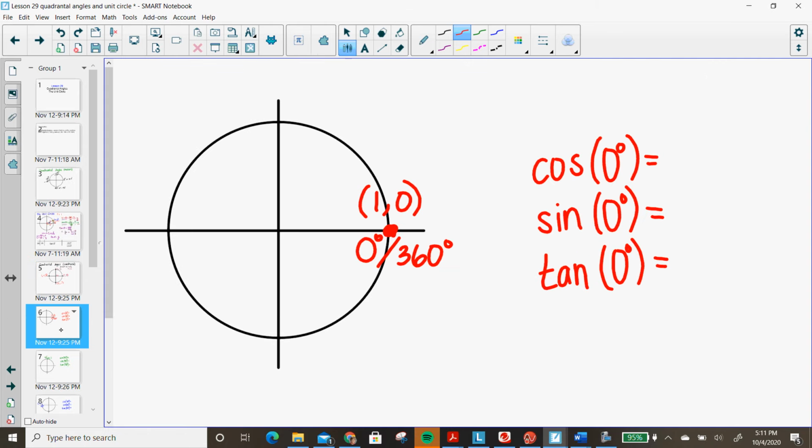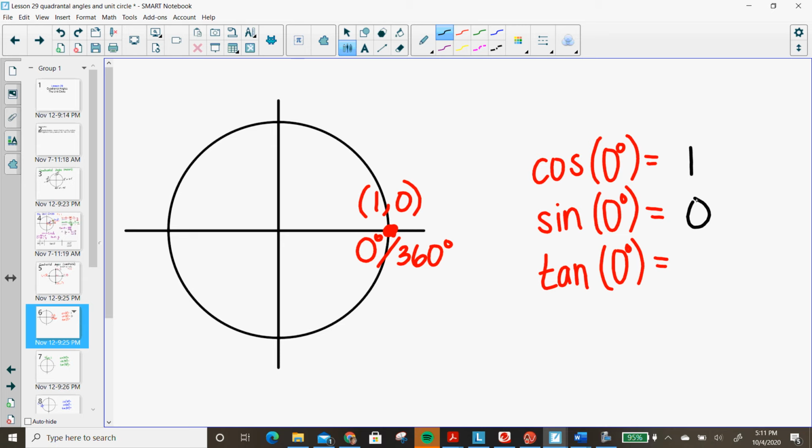So if we want to get the cosine of 0 degrees, we are right here at this point marked on the circle. Those coordinates are (1, 0). Cosine must be the x coordinate, so cosine must be 1. Sine must be the y coordinate, so it must be 0.